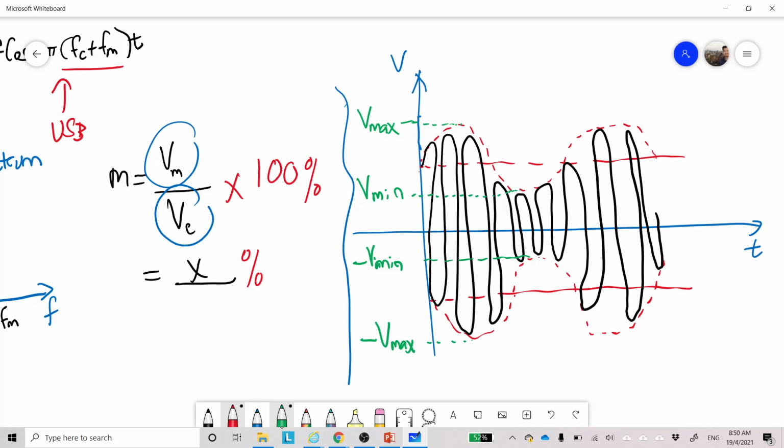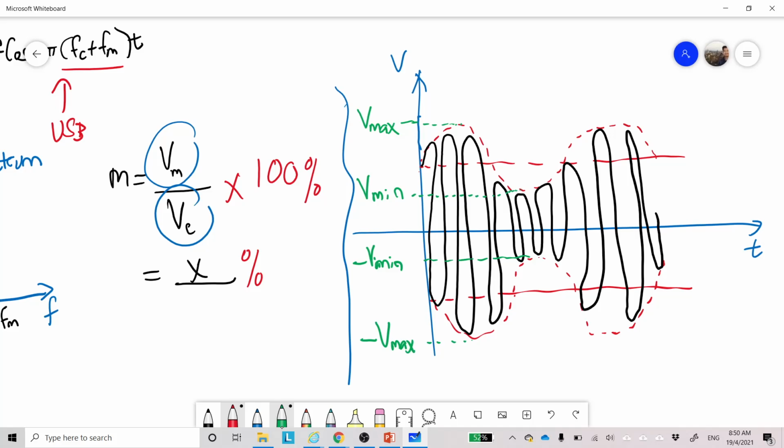We can also write it using peak to peak values, which is Vmax peak to peak minus Vmin peak to peak, over the sum. Peak to peak means like this, peak to peak.